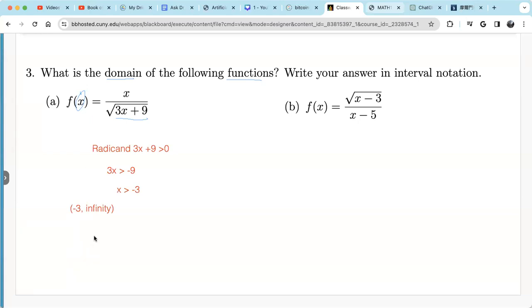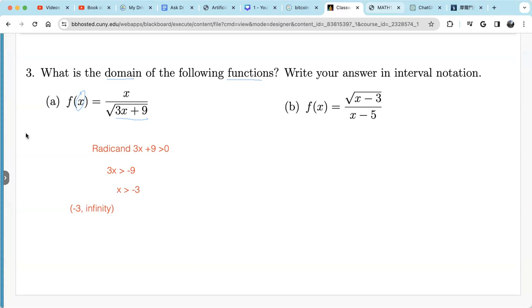The only limitations are the square root sign and that it is in the denominator. The radicand 3x plus 9 has to be greater than 0. Solving, x has to be greater than -3. In interval notation, that means starting from -3 but not including -3, so we use the open parenthesis up to infinity. That's the domain of the first one.